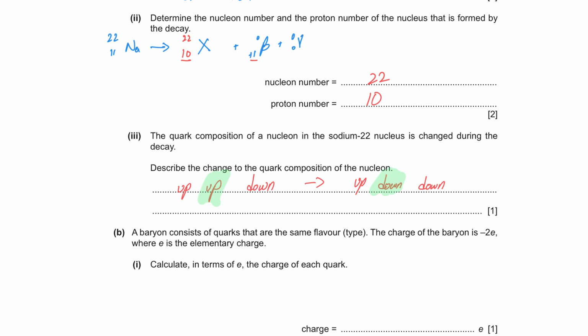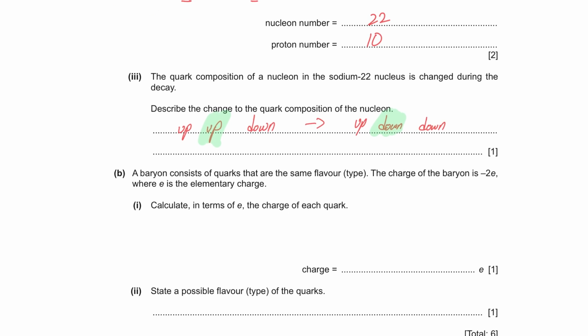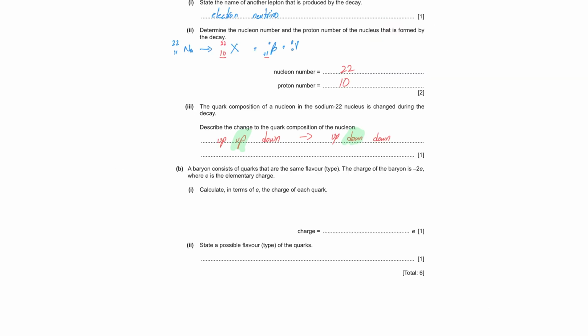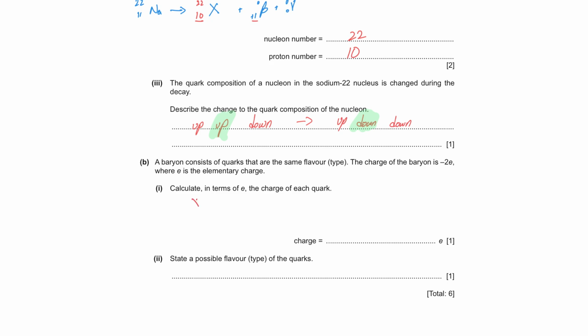B says a baryon consists of quarks that are the same flavor type. The charge of the baryon is -2e, where e is the elementary charge. Calculate in terms of e the charge of each quark. Now baryons consist of 3 quarks, and 3 quarks that are identical in this case will obviously have the same charge. So Xe plus Xe plus Xe is equal to -2e.